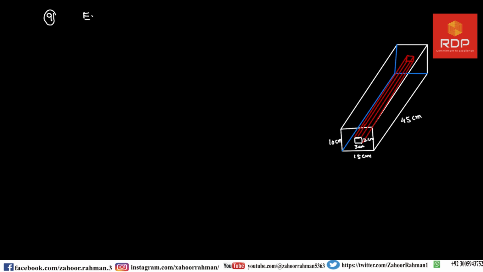First we are finding external volume, which is equal to 10 multiplied by 15 multiplied by 45. So these are the three dimensions given, and that will be in centimeter cube. When we multiply these, we will get 6750 centimeter cube.